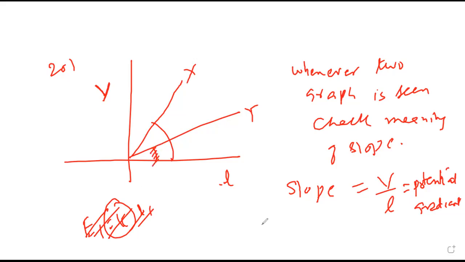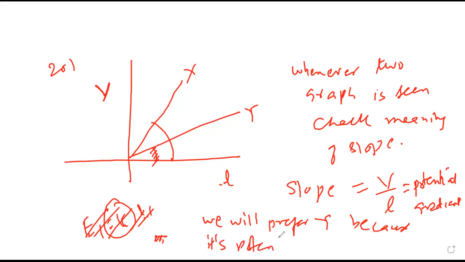So we will prefer that wire whose potential gradient is small so that the balancing length will be appropriate. If the potential gradient is very large, then the lengths will come very close, and there is a chance of error. So the answer will be we will prefer Y because its potential gradient is small.